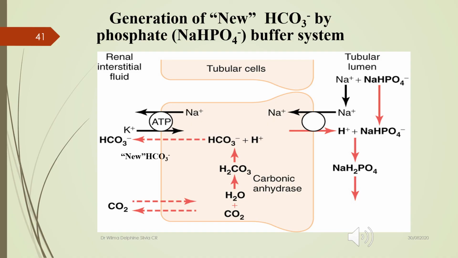So this is how the phosphate buffer system generates a new bicarbonate and secretes the hydrogen ions into the tubular lumen, which are buffered by the monohydrogen phosphate and excreted in the urine as dihydrogen phosphate.